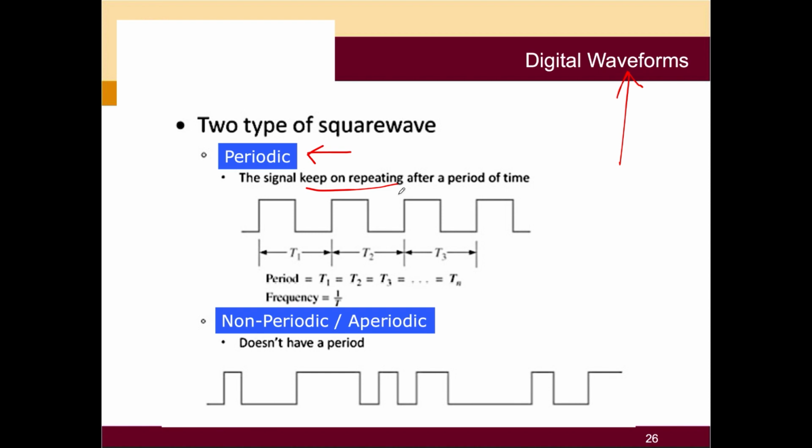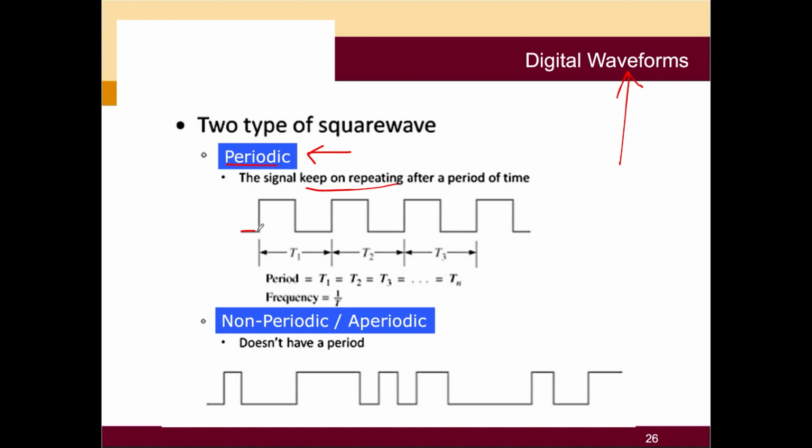You repeat the similar signal. Let's say you talk: yes, yes, yes, yes. It is repeating, and the signal wave is also similar, but of course it is in digital. You cannot have the voices in a digital form. So in digital you repeat the similar wave or similar signals, so it is called periodic.